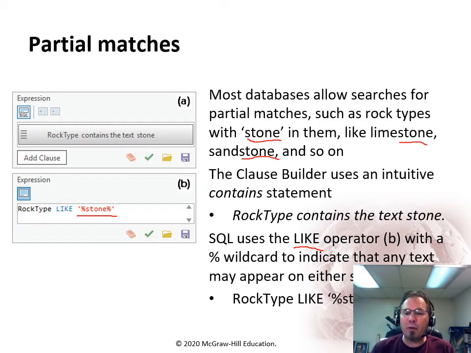Whatever is in between those percent signs is what the SQL is going to look for exactly. And that includes punctuation, spaces, and capitalization. Anything within those, it has to match exactly. So if you're looking for stone like this, it's not going to find anything with a capital S. It's only going to look for a small s, small t, small o, small n, small e.